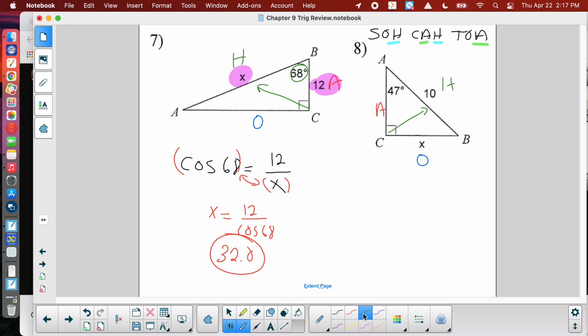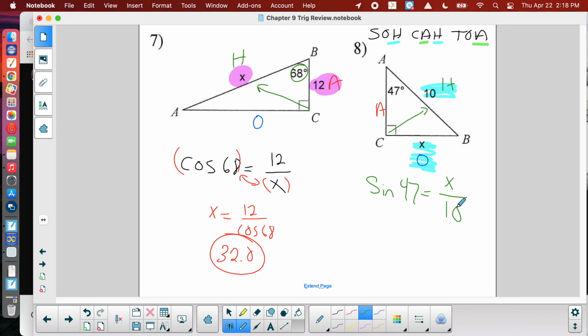Next problem. Again, same thing. Identify the parts being used. The hypotenuse is being used. The opposite is being used. Opposite, hypotenuse, that's the sine function. Sine of the angle equals the opposite over the hypotenuse. We set up our equation.